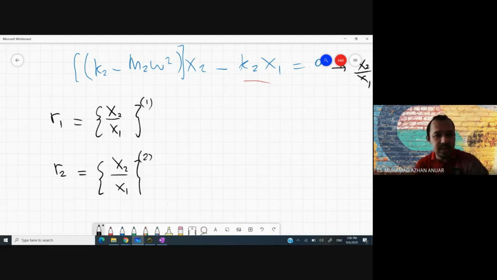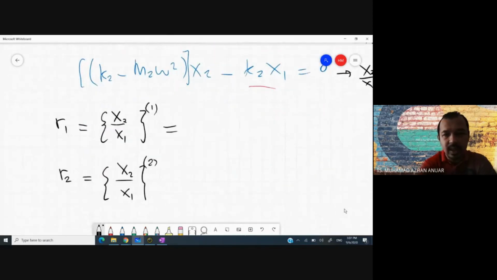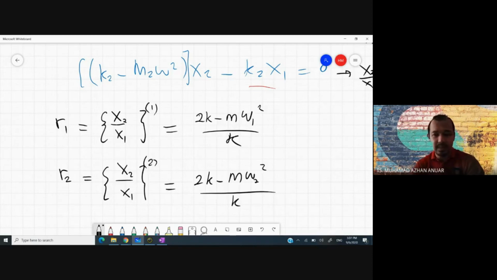So what you should get here, if we use the first one, is 2k minus m omega 1 square, because we use the first mode, the first natural frequency, divided by k. That is the ratio. And for this one, you should get 2k minus m omega 2 square, due to the second natural frequency.